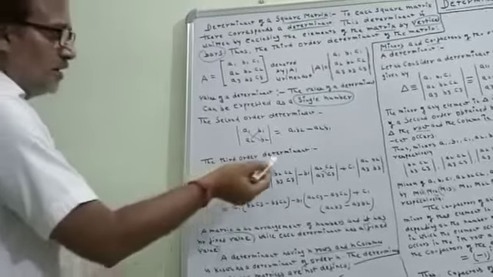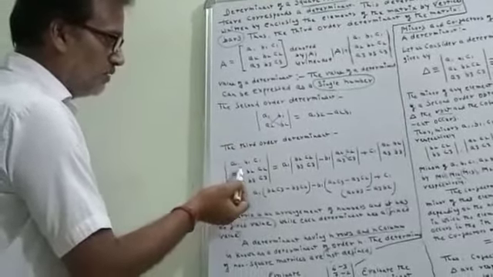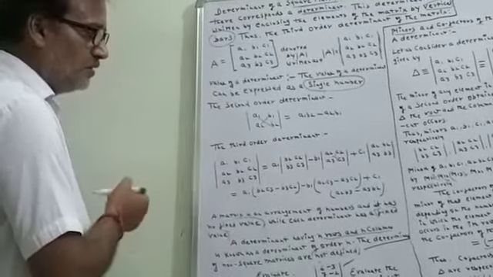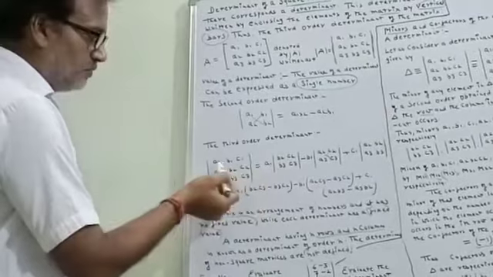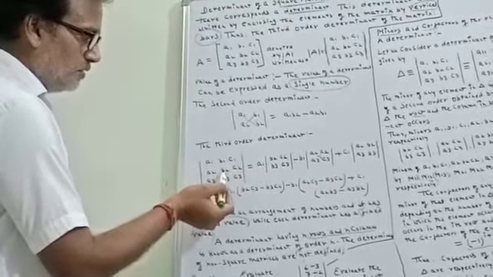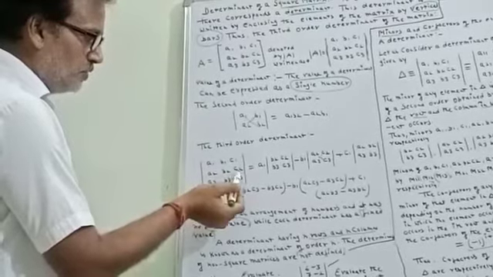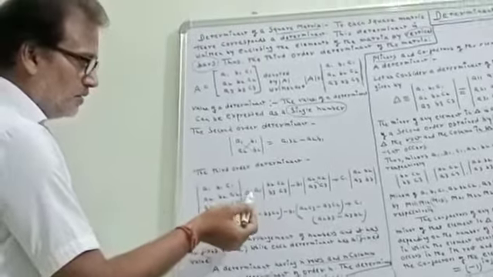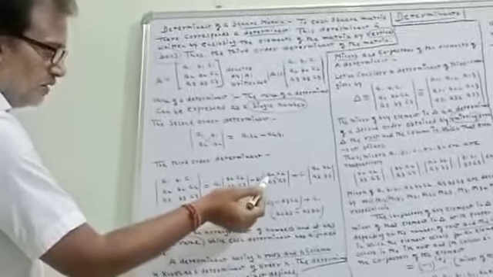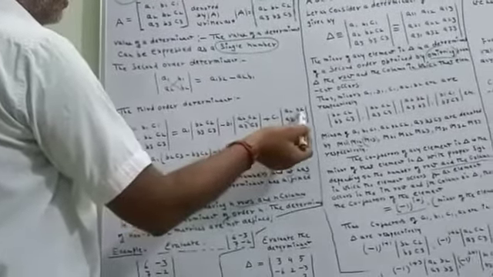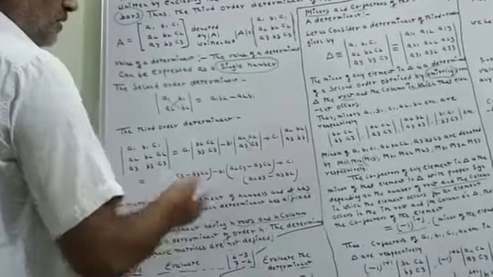The third order determinant may be written as A1 B1 C1, A2 B2 C2, A3 B3 C3, equal to A1 here. Now omit here this one, B2 C2, B3 C3. Similarly minus B1, A2 C2, A3 C3, plus C1, A2 B2, A3 B3.